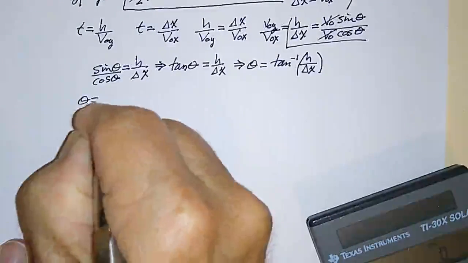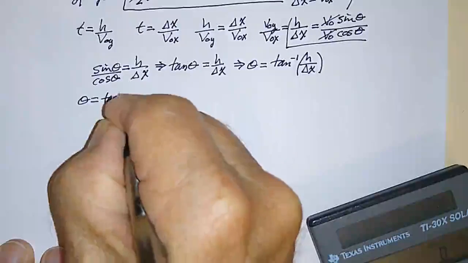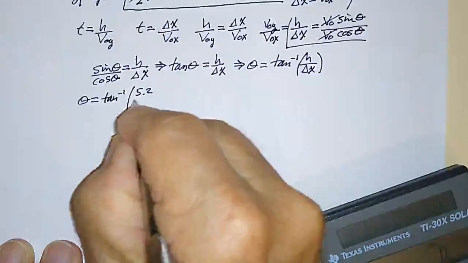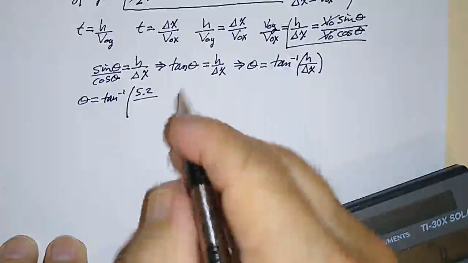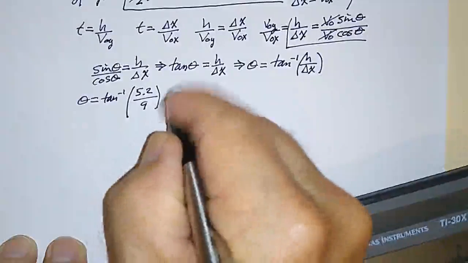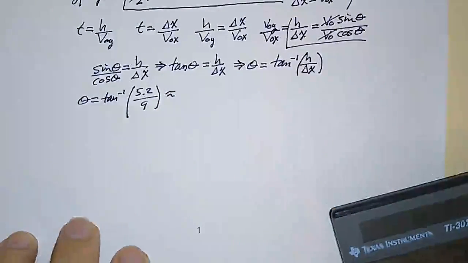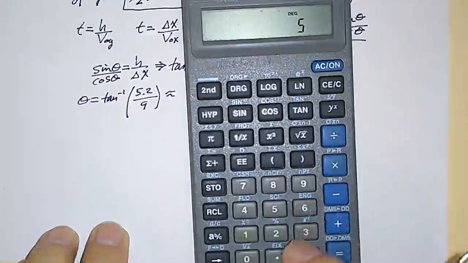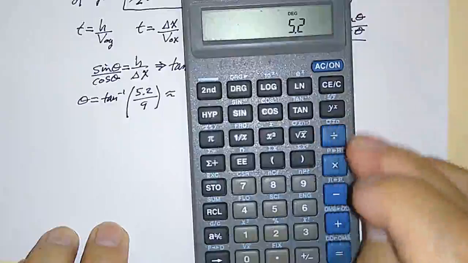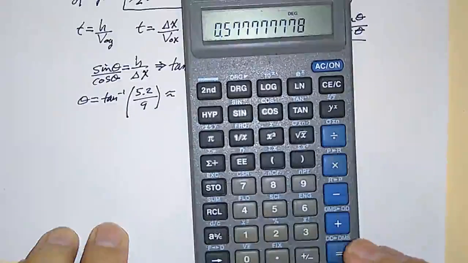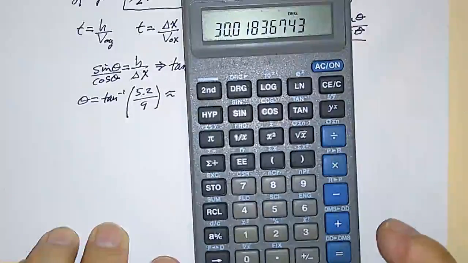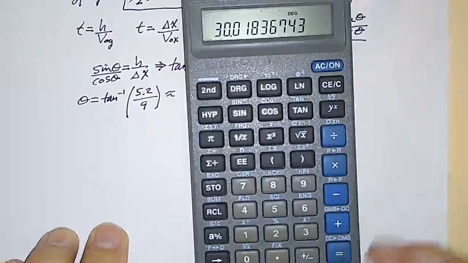So theta is equal to the angle whose tangent is h, which is 5.2 meters, divided by delta x, which is 9. Let's put it in here and see what it looks like. 5.2 divided by 9 equals, and then the inverse tangent gives me 30.01836 and some other digits for the answer.